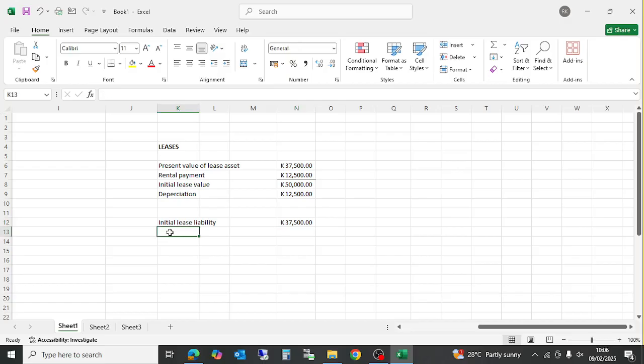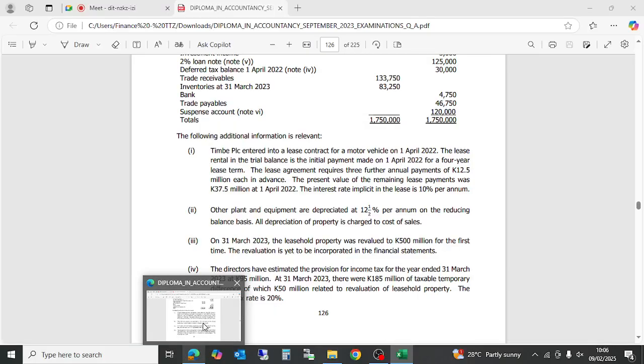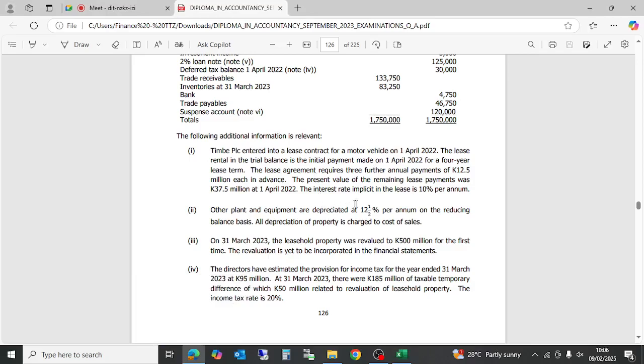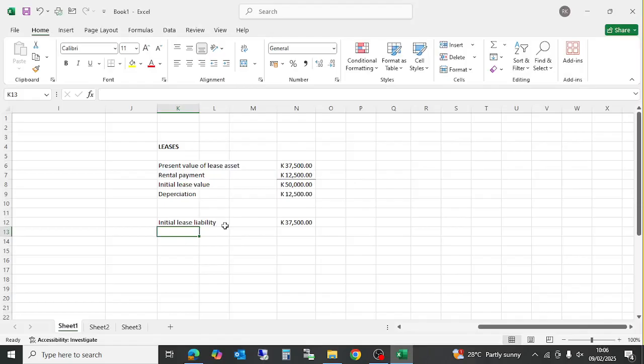So what do we do now? To find the lease liability, we have to add the interest of the lease. They are saying the interest rate implicit in the lease is 10% per annum. So this is for a year, and the interest is 10% of this.